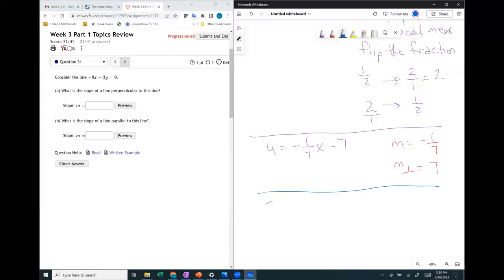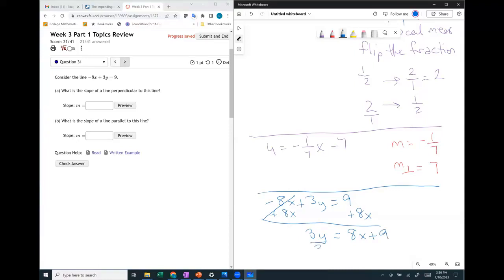So I have -8x plus 3y equals 9. So I want it to be y equals mx plus b, so I can find my slope. So I'm going to add 8x to both sides. And then I have 3y equals 8x plus 9.